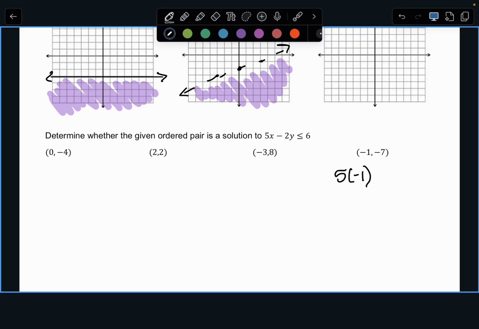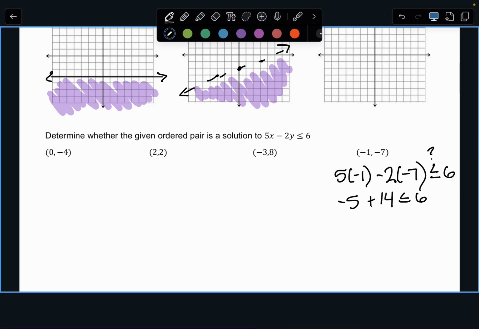So 5 times x minus 2 times y. Watch your parentheses here. We're dealing with a double negative. Less than or equal to 6. But really, there's like a question mark here. We're asking ourselves, is it less than or equal to 6? And if it's not, then it's not a solution. 5 times -1, -5. -2 times -7, positive 14.